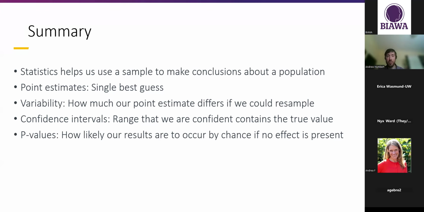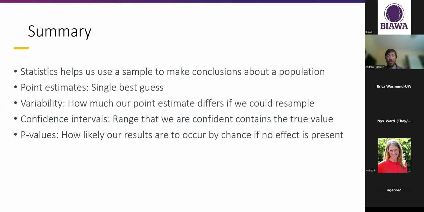The point estimate is really the single best guess that we can get from our data. But again, we know that the single best guess is probably not perfectly accurate, and we know that it can vary based on our sample, which then led us to this idea of variability, which is really how much our point estimate will differ if we could resample. So if we could conduct a study again with a different subgroup of individuals, how much do we think that point estimate would differ?